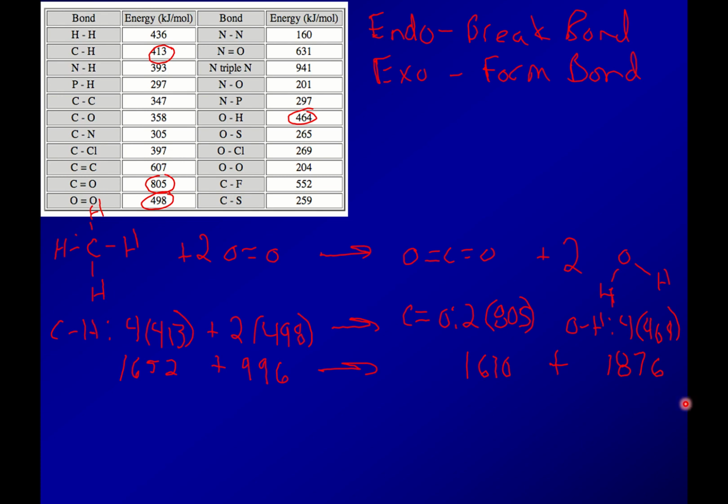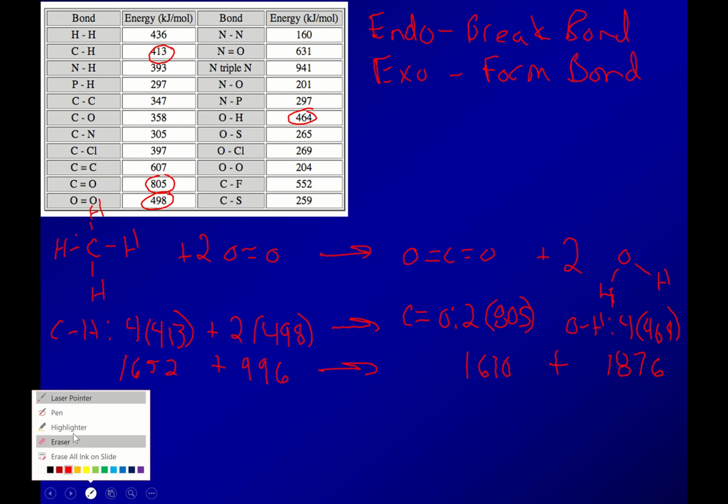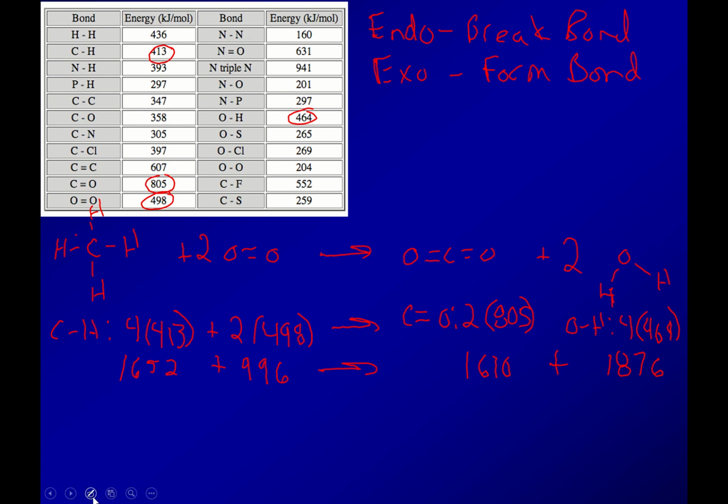And so here's what's happening in this particular reaction. We are breaking these bonds: 1, 2, 3, 4. We have to put energy in, right? Those are endothermic reactions. Here's another endothermic reaction. We have to break 2 of those. Now, next we have some exothermic reactions.